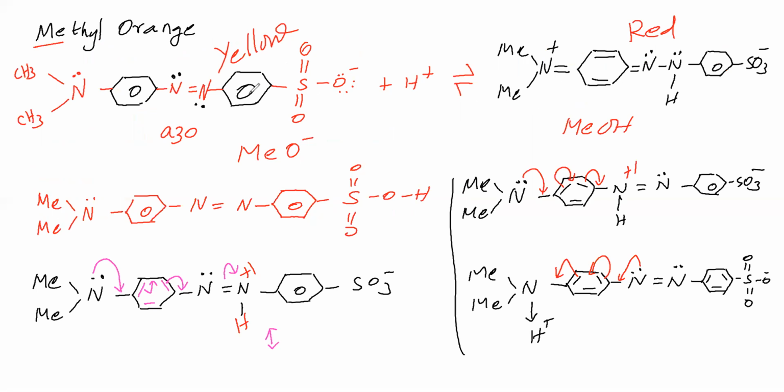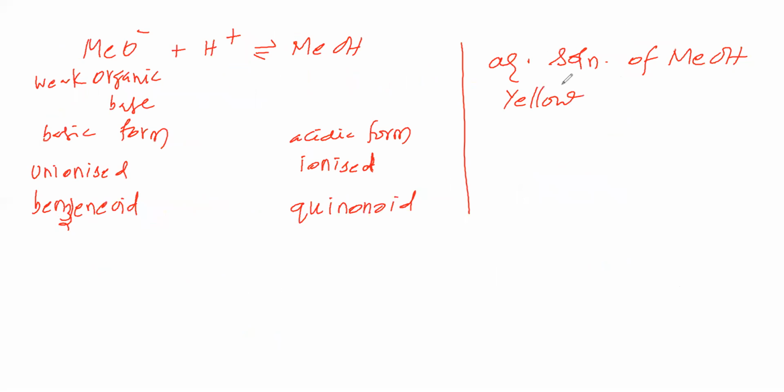Now have you understood why we said it is weak acid, weak base? Because this species is dominating, it is having less tendency to take H plus. Therefore we are saying it is weak. Now shall we say methyl orange is weak organic base? It is having yellow color, we said.